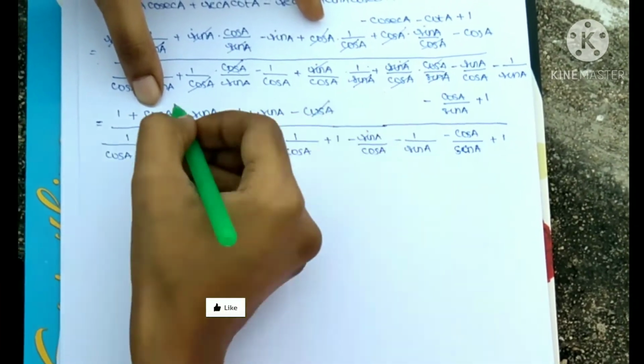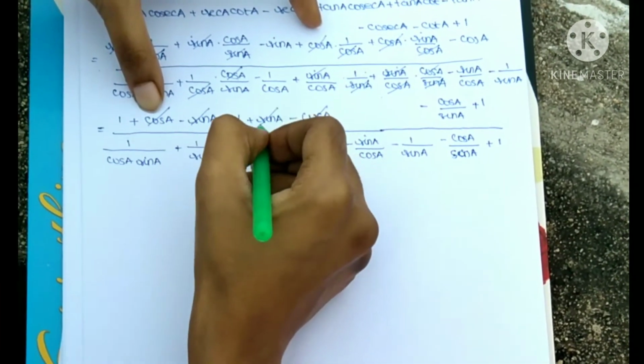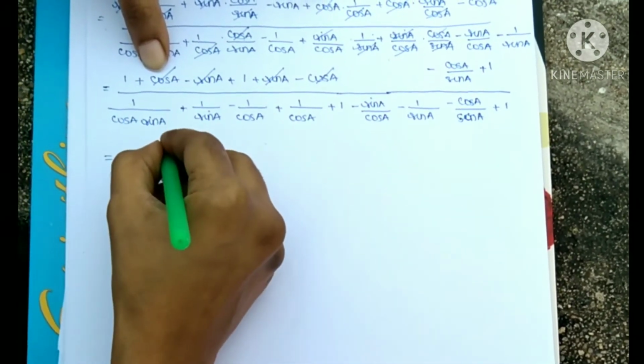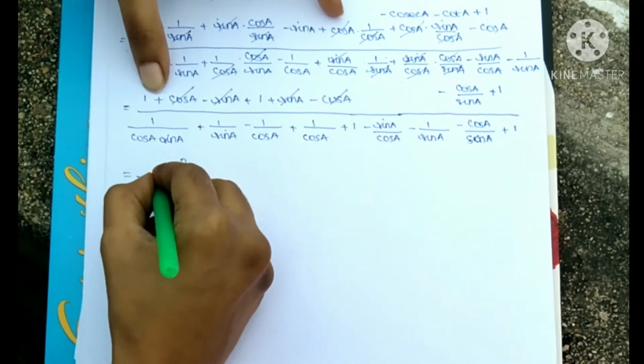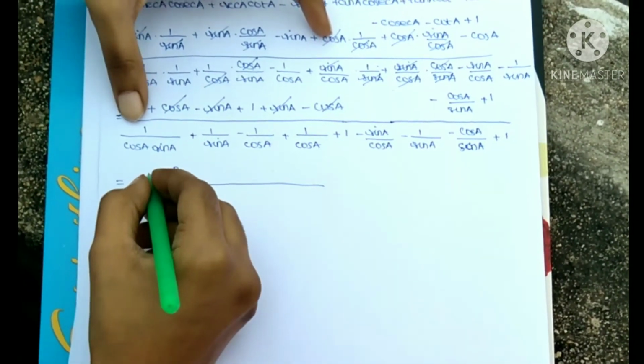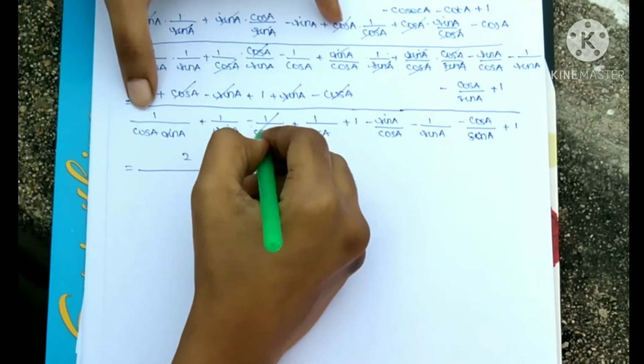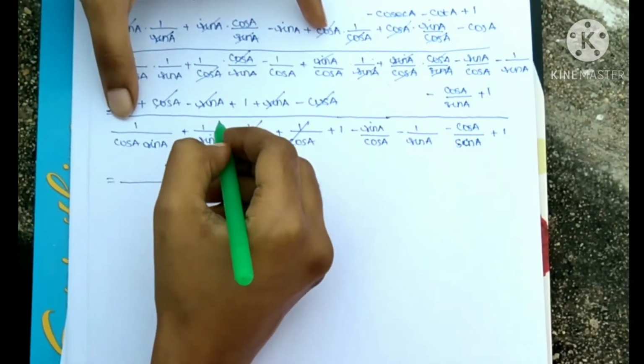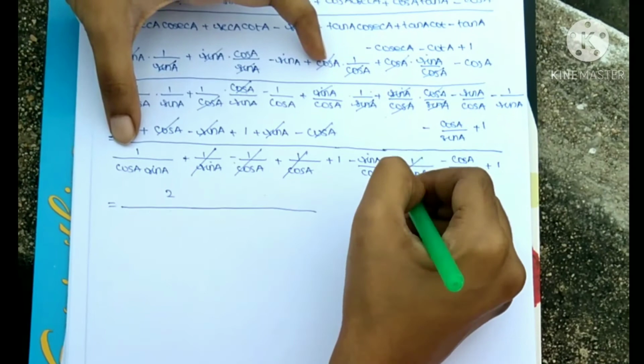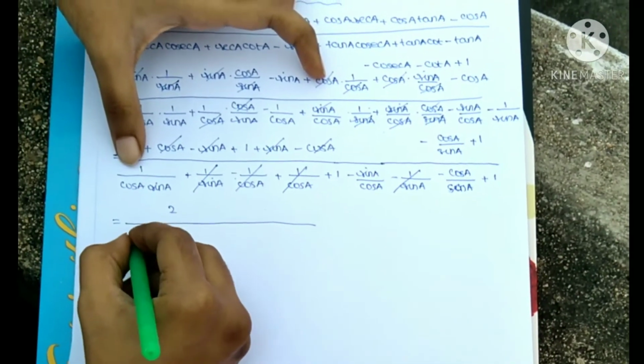See, plus cos A minus cos A get cancelled. Minus sin A plus sin A get cancelled. What is our numerator? 1 plus 1, just 2. See the denominator part. Minus 1 by cos A plus 1 by cos A get cancelled. 1 by sin A minus 1 by sin A get cancelled.